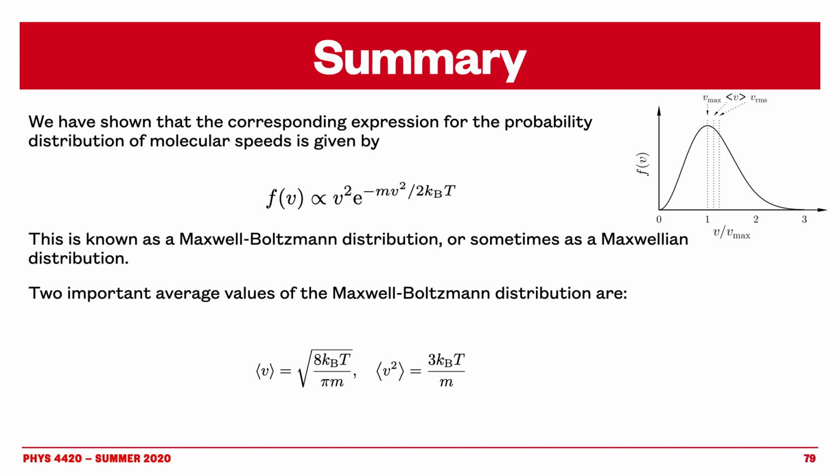We don't have a symmetric distribution because we are integrating over all the possible states that correspond to a given speed, because of course different combinations of Vx, Vy, and Vz will give us the same value of the speed.